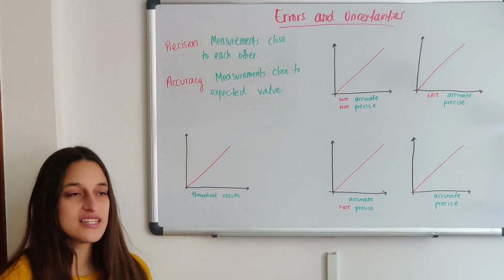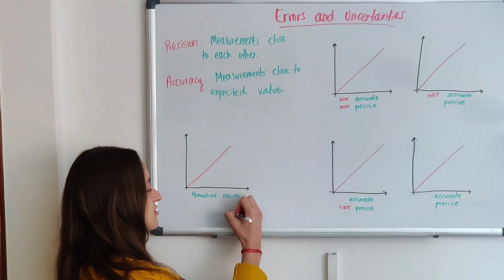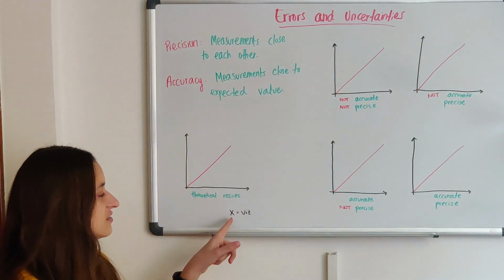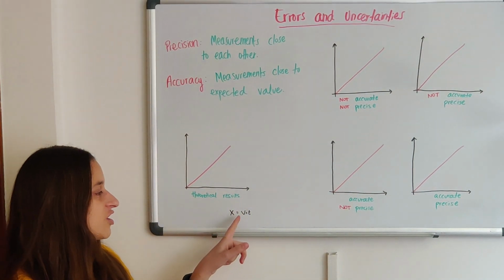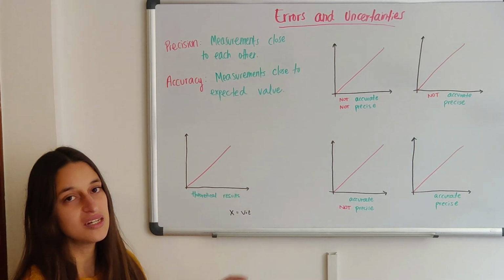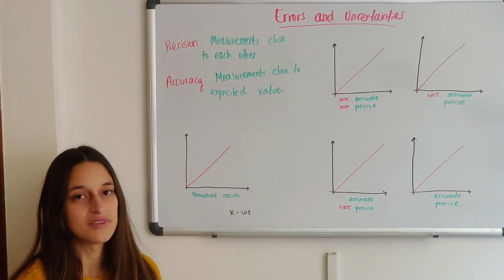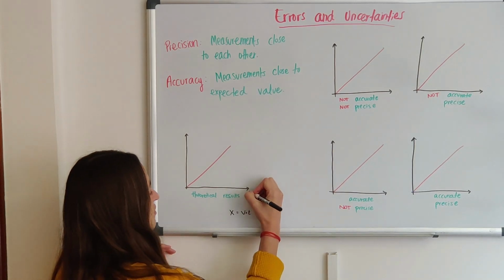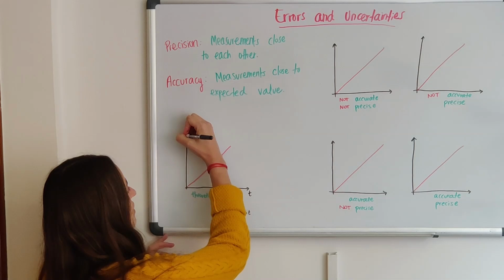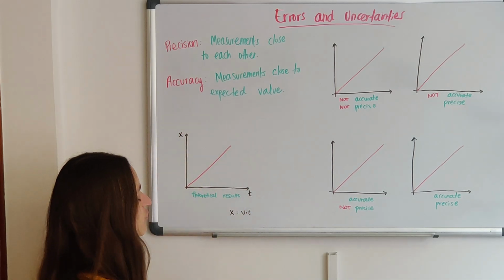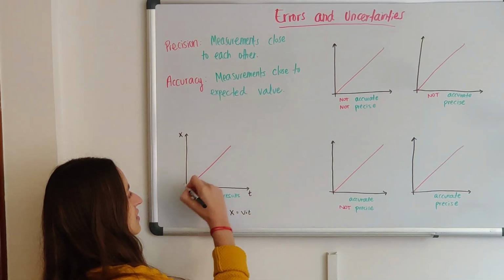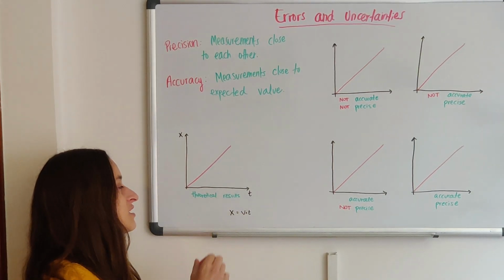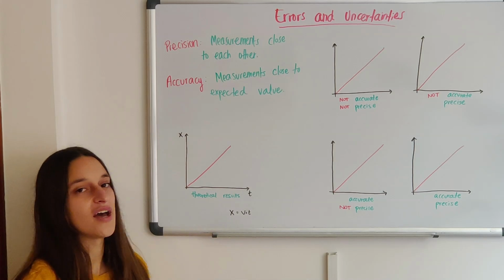For an example, let's use the physics equation x equals vt, which means that the displacement of an object is given by its constant speed multiplied by the time that it travels at that speed. So in a graph, we would put the independent variable t over here and the dependent variable x over here. This line has a slope of speed v, since it's the distance over the time in this graph.